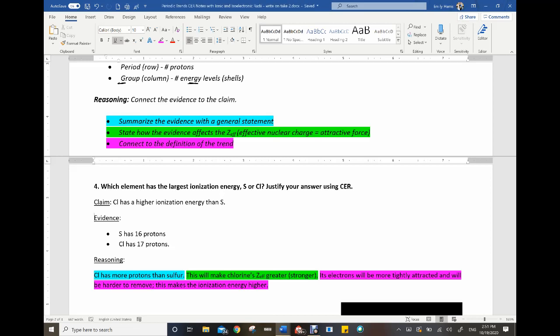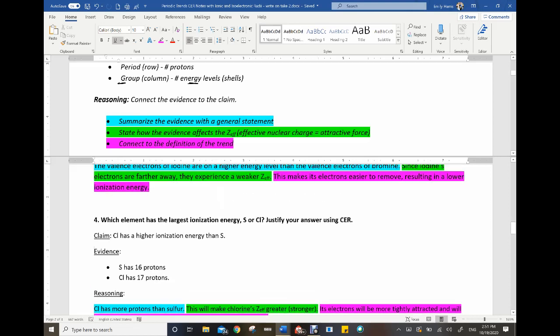For example, we would have said sulfur has fewer protons than chlorine. This will make sulfur's effective nuclear charge weaker. Its electrons will be less tightly attracted and easier to remove, making the ionization energy lower. So it just depends on whatever the answer to the question is.